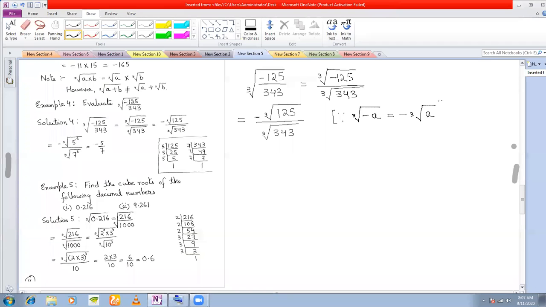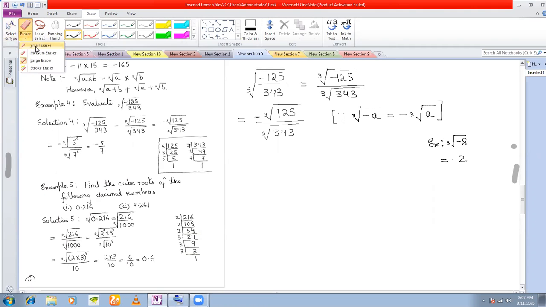Okay, let's take an example and see how. Say the cube root of minus 8, a negative number. You know this should be minus 2, right? I told you the cube root of a negative number will be a negative number because 8 is 2 cube.